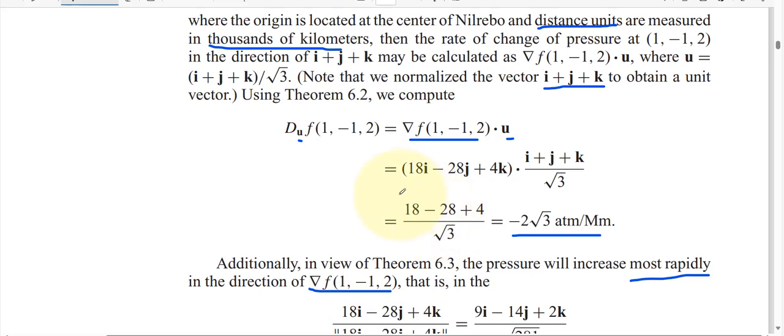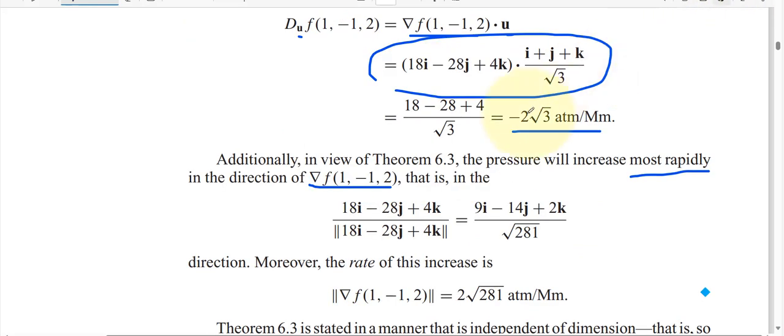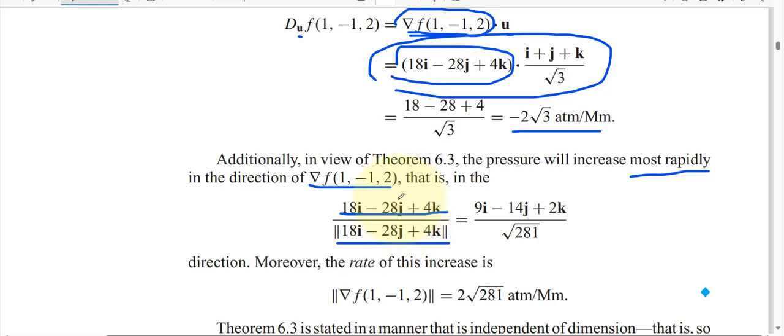So they're taking this, and then they're dividing it by the magnitude of this. So why are they dividing it by this? Because they just want to get the direction as a unit vector. You don't have to do that, but maybe it's more standard to do that.